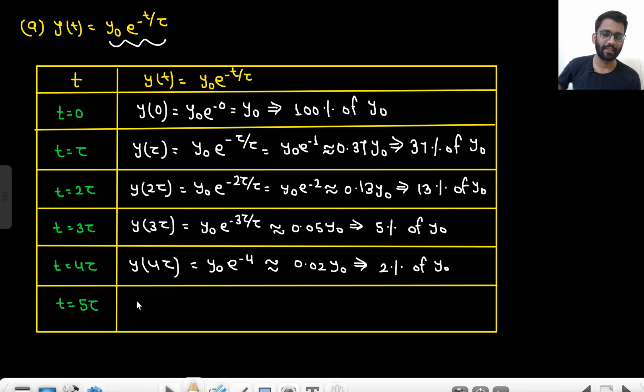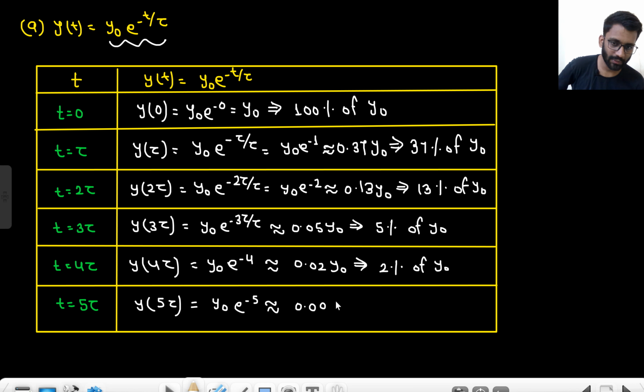Only 2% of y0 is left. And at t = 5 tau, it will become 0.006 y0. That means it is 0.6% of y0.